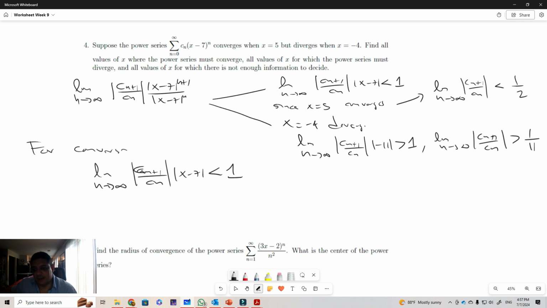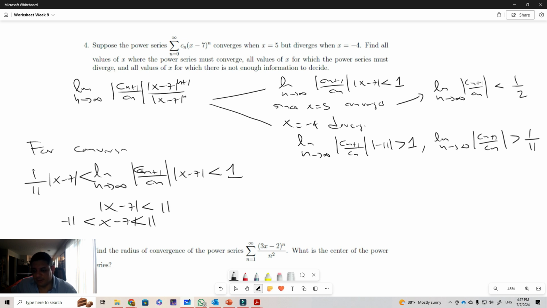But on the other hand, I have that this limit here is actually bigger than 1 over 11, times the absolute value of x minus 7. Just using this inequality, multiply both sides by the absolute value of x minus 7. So this means that for convergence, I'm going to get that the absolute value of x minus 7 is less than 11. And so this means that x minus 7 is between 11 and minus 11.